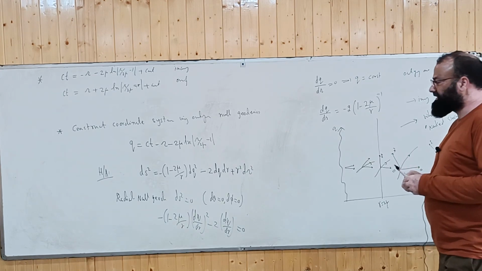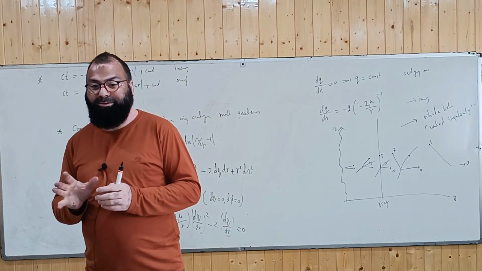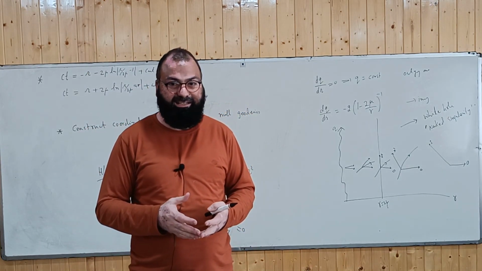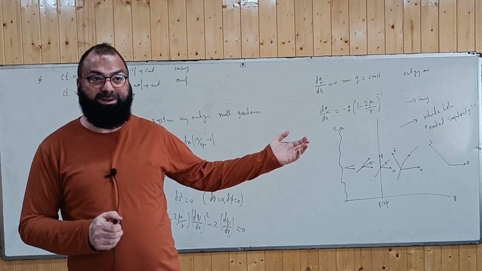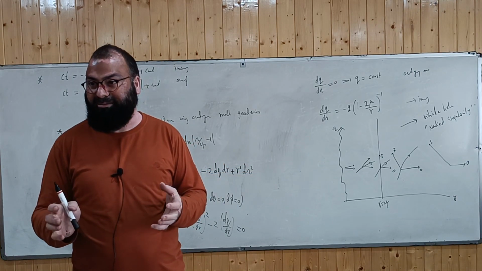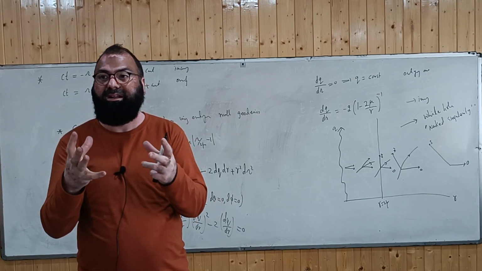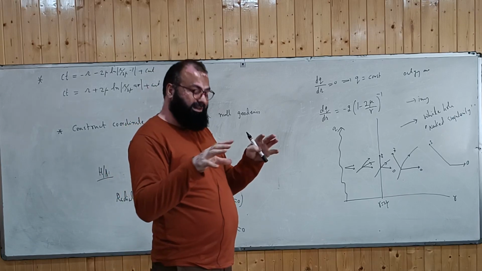Okay, now let's ask another kind of question. Is there a coordinate system which will take care of all these kinds of solutions? Look here, we have to move from one coordinate system to another to look at these things, because we are looking only at a patch of the manifold.